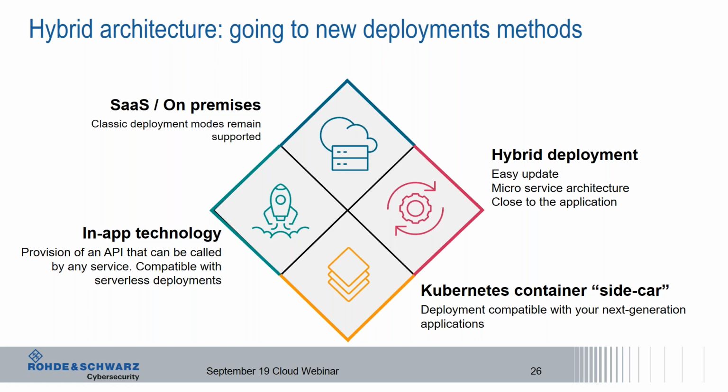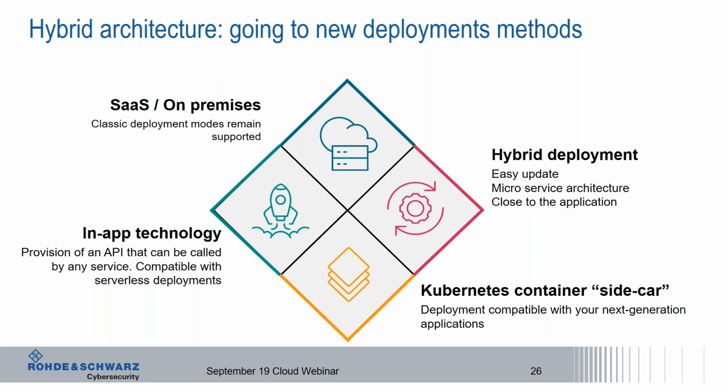Then we will develop Kubernetes container sidecars. So the idea is, when you develop a microservice-based application using, for example, Kubernetes as an orchestrator, we want to provide sidecars that will connect to your containers and secure all the traffic.